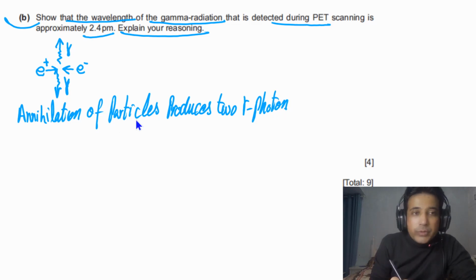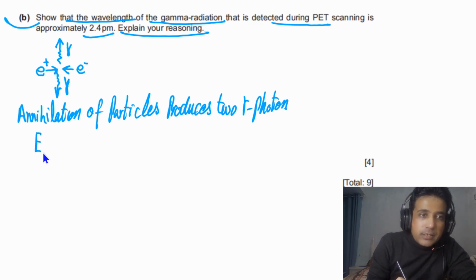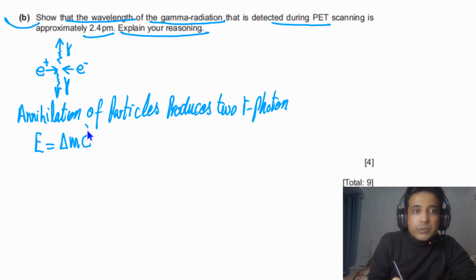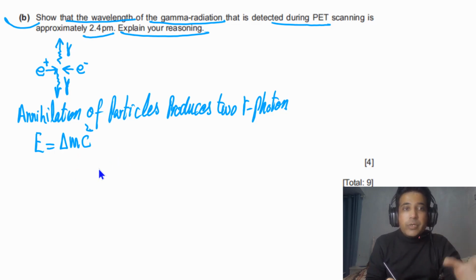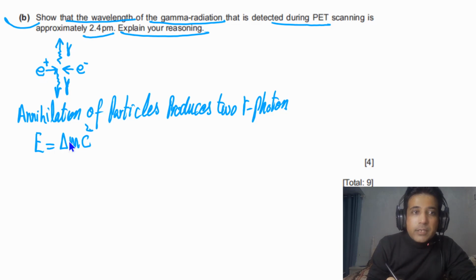Now we can try to calculate the wavelength of the gamma photon. Positron and electron meet and produce 2 gamma photons. So simply, the energy of these 2 particles will be converted into energy of gamma photons. So E is equal to delta m c squared. Electron and positron have the same mass, so the mass of 1 particle will be converted into energy of 1 gamma photon.